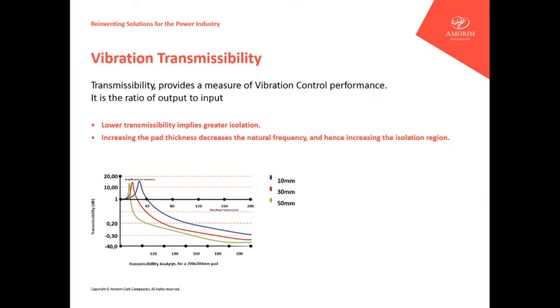Another thing we can see is that when we increase the thickness of the materials, the natural frequency will reduce, so shift to the left, and increasing the thickness provides higher insulation, so the curve goes down.